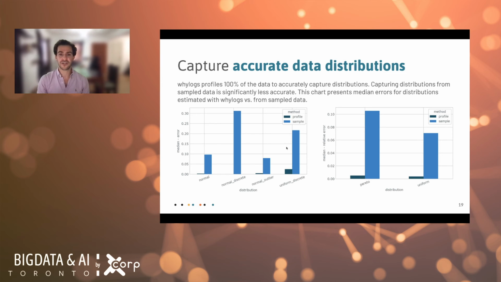And the reason for this most fundamentally is that sampling is really bad at picking up edge cases. If we think about data in the real world, there are two broad families of distributions. We can think about symmetrical, more Gaussian or normal distributions that have a fat center and then trail off in either direction.